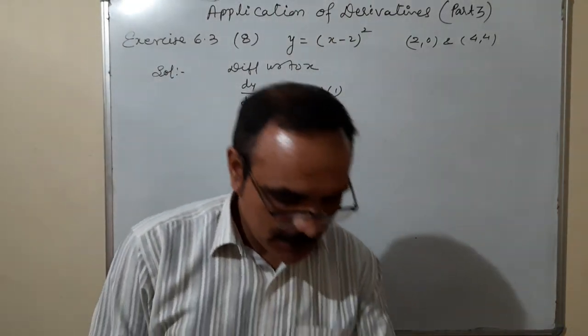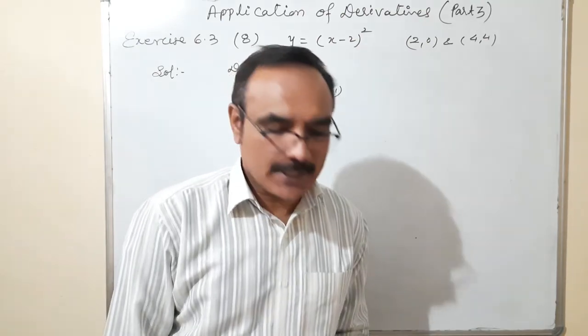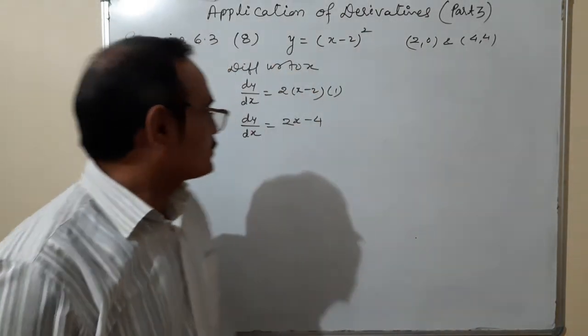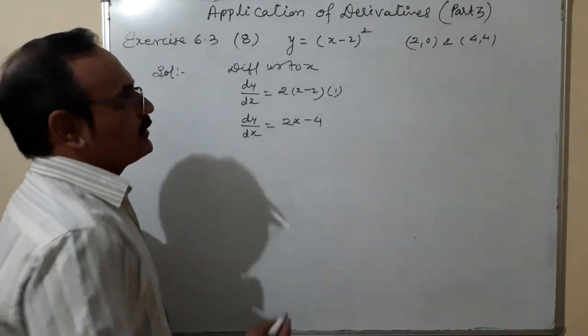After that, in the question it is given that the tangent is parallel to the chord joining the points. So this tangent dy by dx is parallel to the chord joining the points.